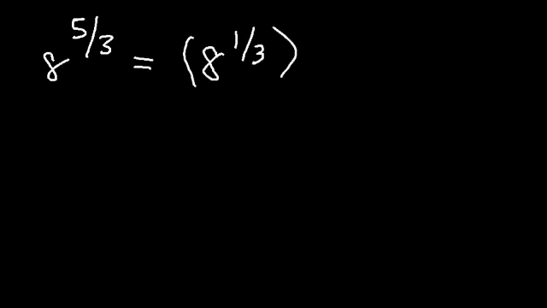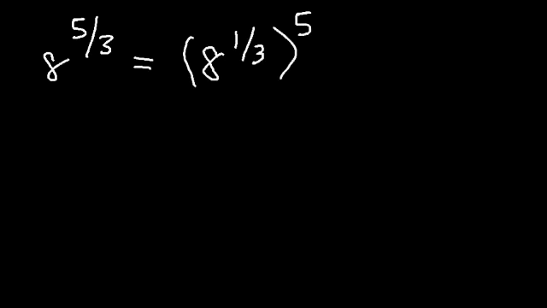Now, let's say if you wanted to simplify a fractional exponent. Let's say if you have 8 raised to the 5/3. How can you find the value of this number? What you could do is separate the fraction into two numbers. 5/3 is the same as 1/3 times 5.